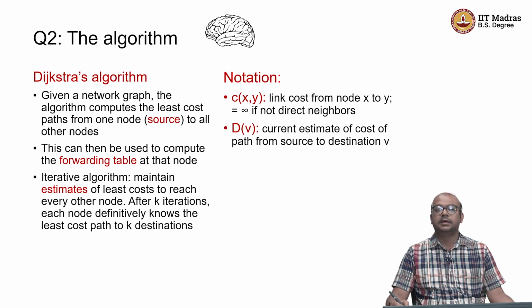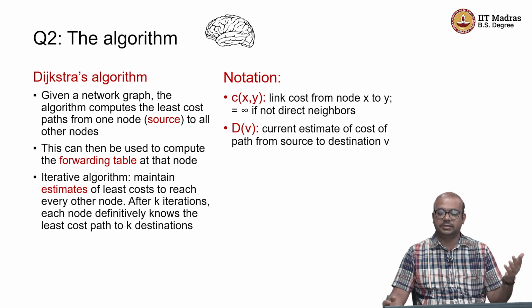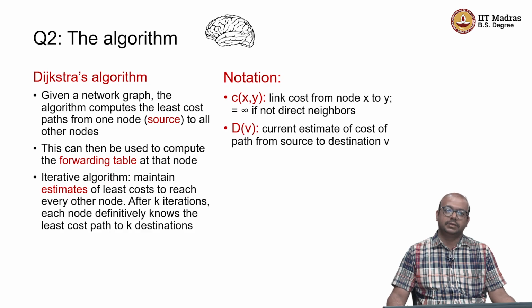There is d(v). d(v) is the current estimate of the cost of the path from the source to the destination v. Okay. Initially you may have that cost be infinity, since there is no direct path, but with the iterations, as we go through the algorithm passes, your estimates are going to change and be updated over time, and ultimately you need the best estimate, right.